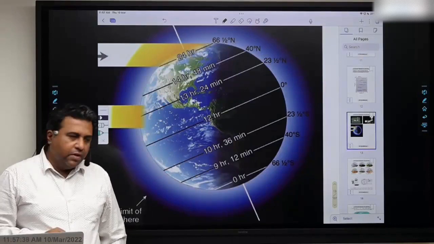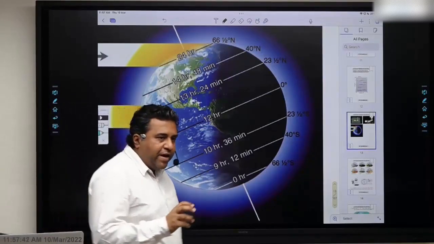Okay. Then next one is slope and aspect effect.